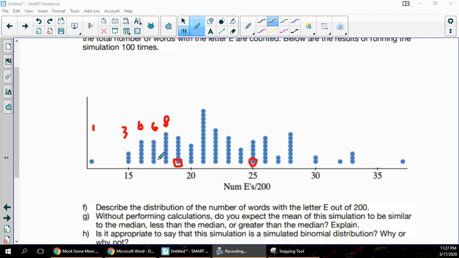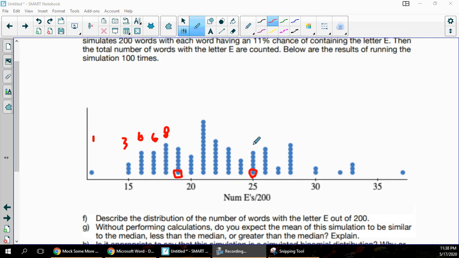So when I counted in, I got these two values right here, which is 19 and 25, which would give me an IQR of 6. You know, I might have miscounted by 1, and you might miscount by 1. I think if it's clear, and you can see I labeled them over here, if it's clear what you're doing, and you get the idea that this is the 25th, this is the 75th, then I think you're going to end up with good credit on that. In fact, I would probably explain that through as I worked the problem.